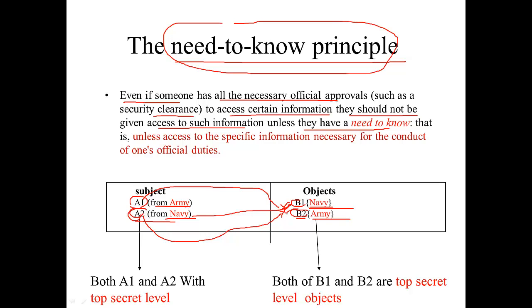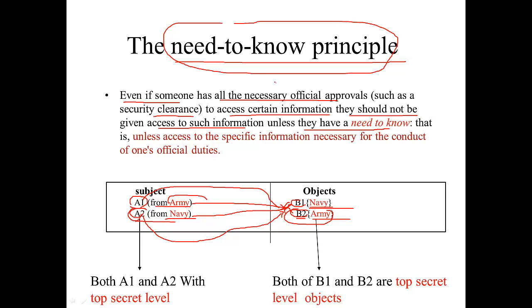For the objects from Army, we let only people from Army access them. We don't want people from Navy to access the object from Army. The same for the object from Navy, we don't want people from Army to access it. Okay? But the two BLP policies do not indicate these key points.